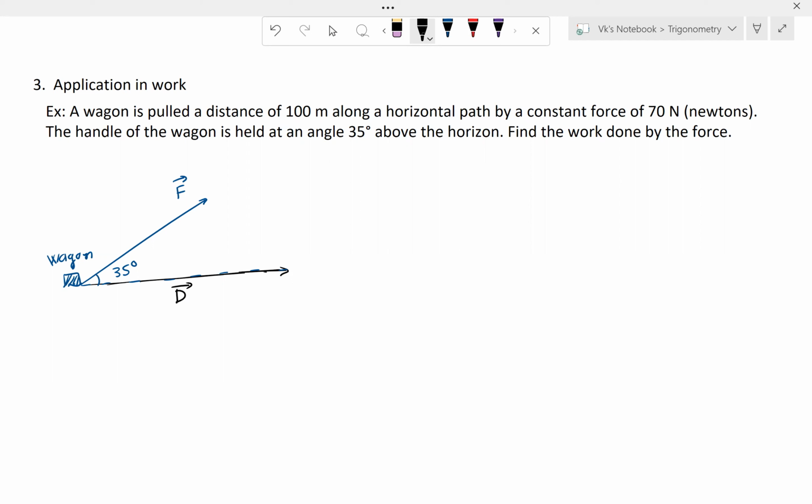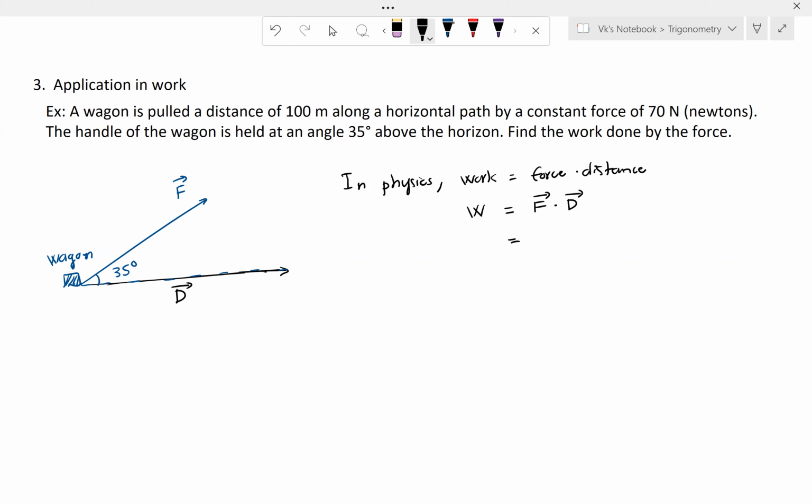Work is defined in physics as force times distance. In physics, work is force times distance. Here, force is a vector and distance is a vector. So we have work is the dot product of force and distance.